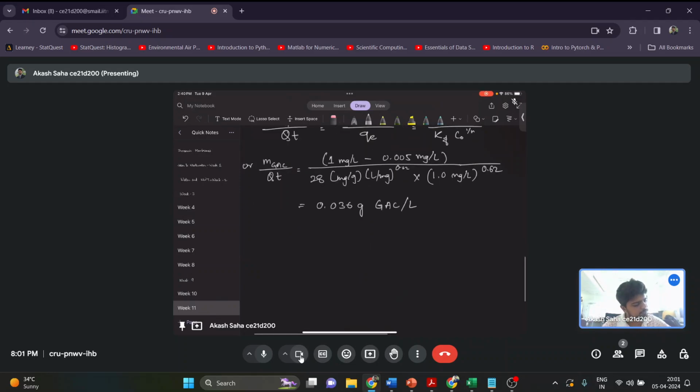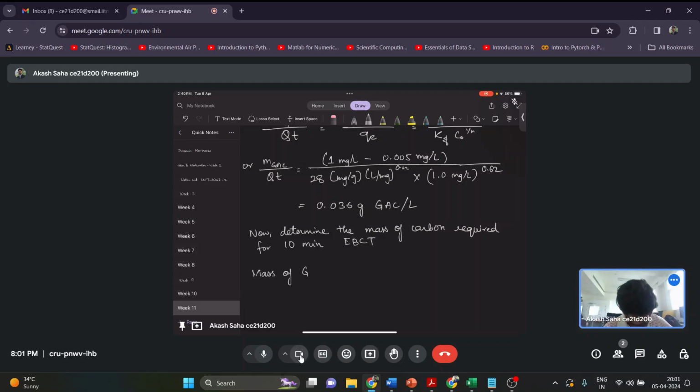So this is what we get. So now we have to determine the mass of carbon required for a 10-minute EBCT. Okay, so EBCT is given as 10 minutes. So mass of GAC in bed required will be equal to the VB into the density of GAC.